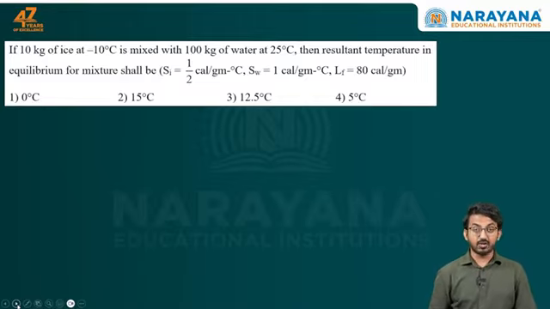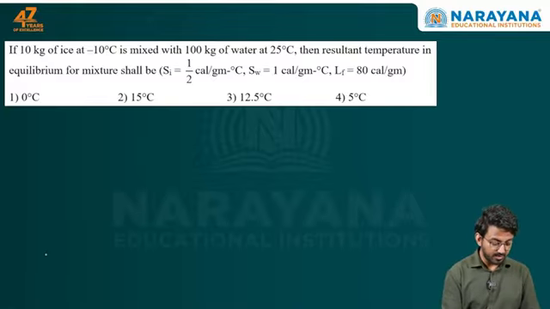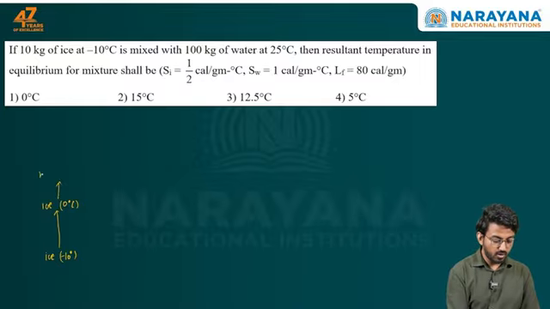The next question is based on calorimetry, and we have ice at minus 10 degrees Celsius. It will go up to ice at 0 degrees Celsius, then eventually convert to water at 0 degrees Celsius, and then finally go to some temperature T here.